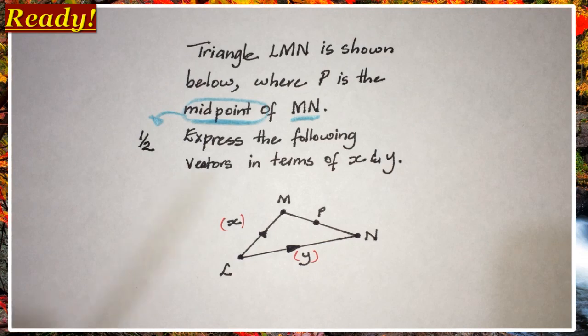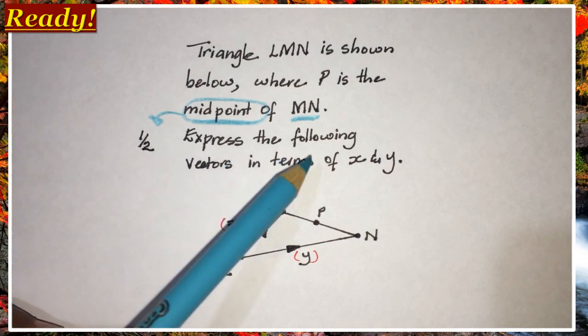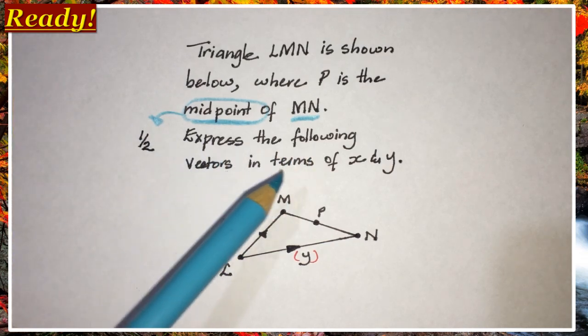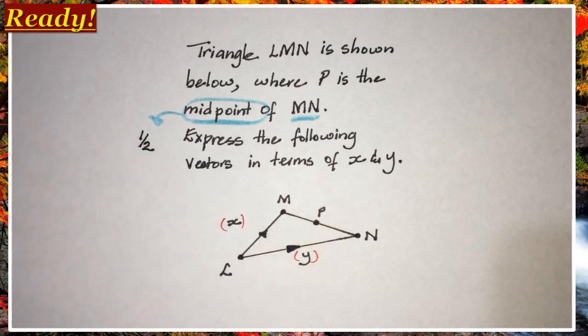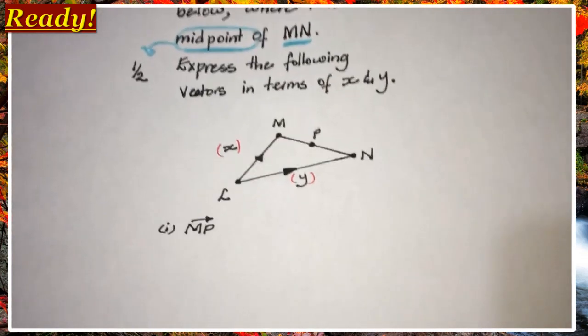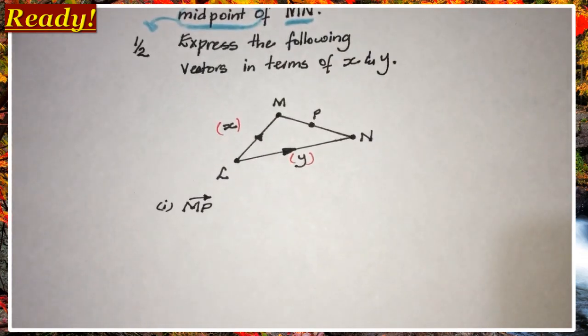Good. So now it says express the following vectors in terms of X and Y. So the first one we're going to look at is M to P. That's the first one. So remember, I always tell you, when you're going to find vectors like this, you need to draw a vector map.